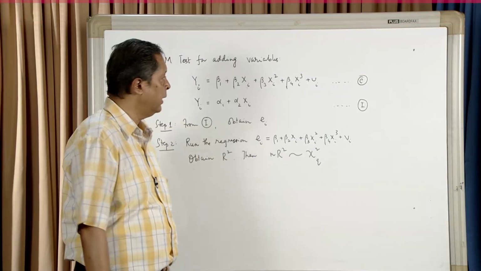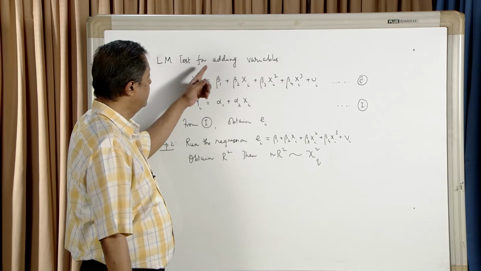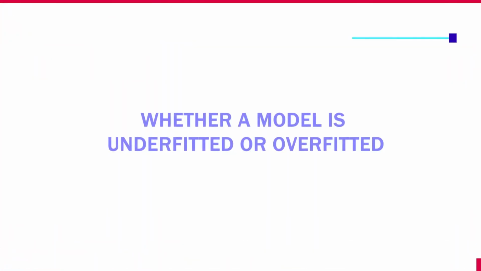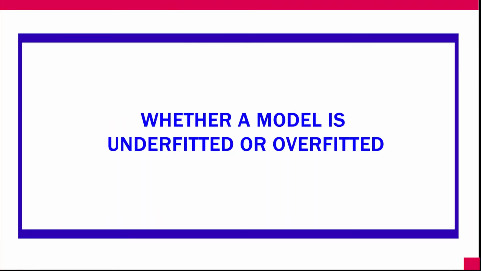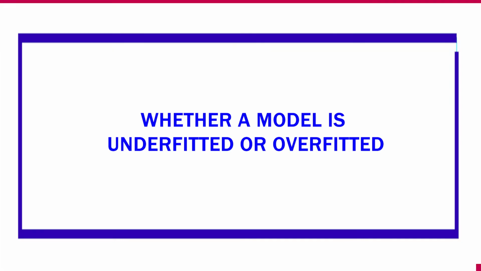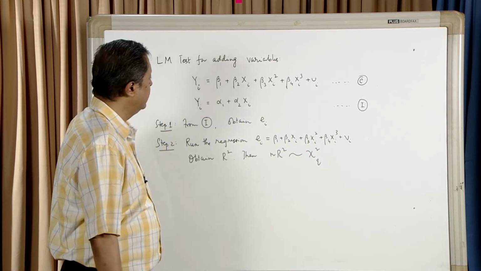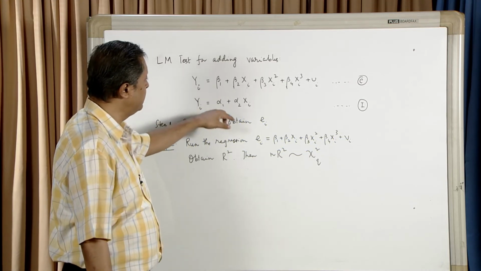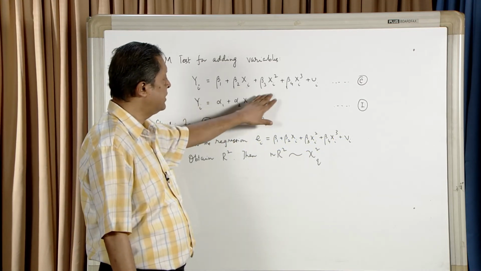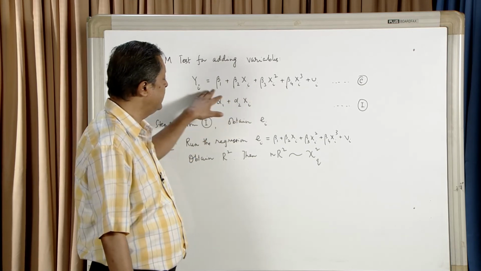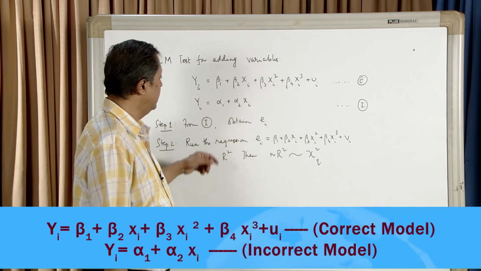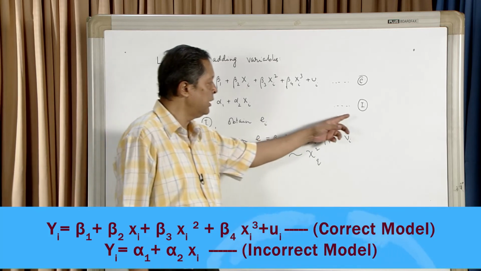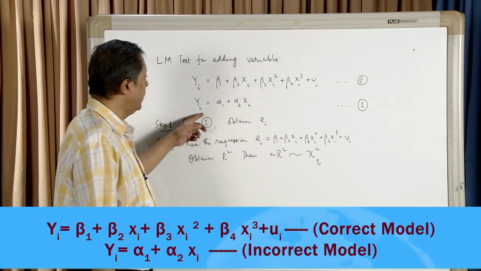Now we take a look at a test for adding variables. That is, if the correctly specified model has x, x square and x cube, that means it is a cubic cost function, but the fitted model, that is the incorrectly specified model, only has x.